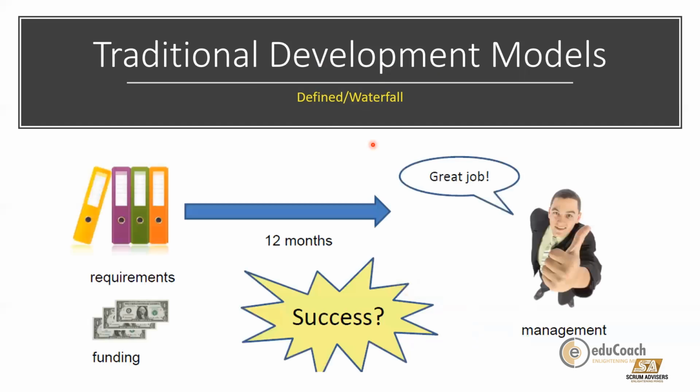Basically, we have the requirements, we have the funding, and we have the time plotted out, say 12 months. Once we have success, management is very happy and says good work done.